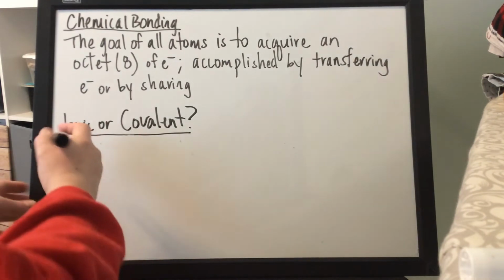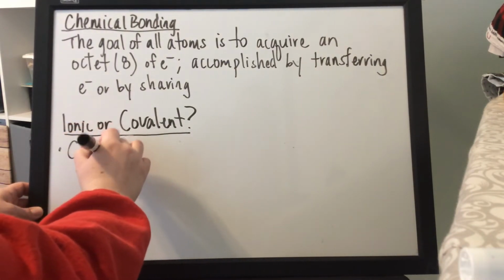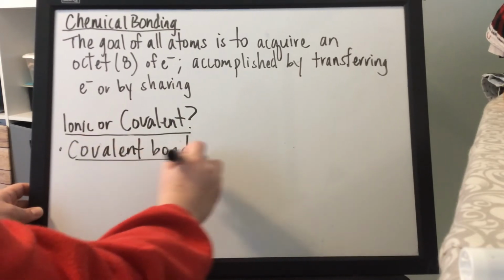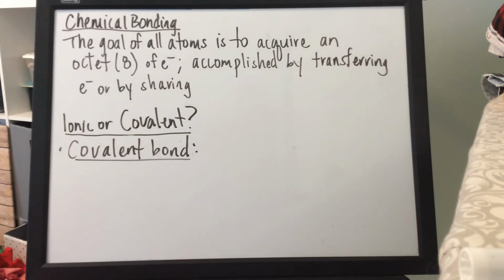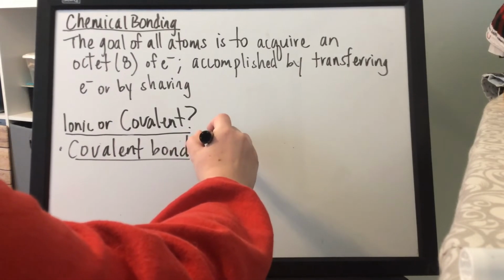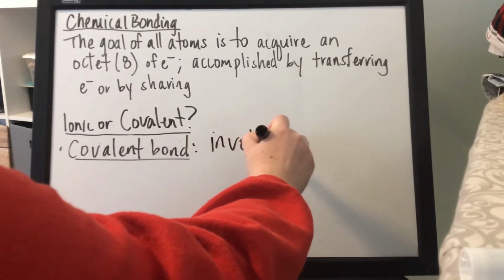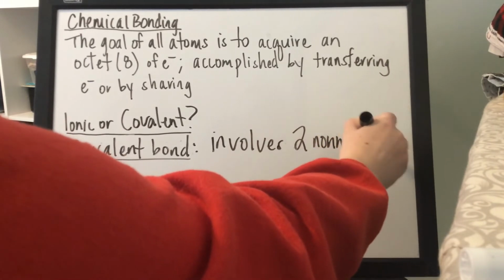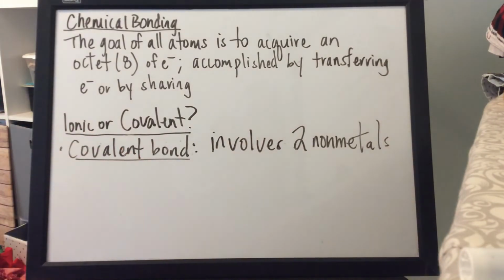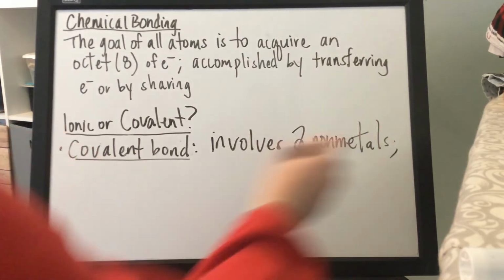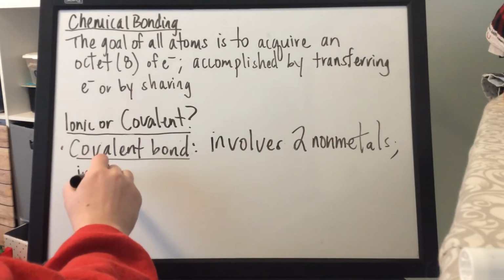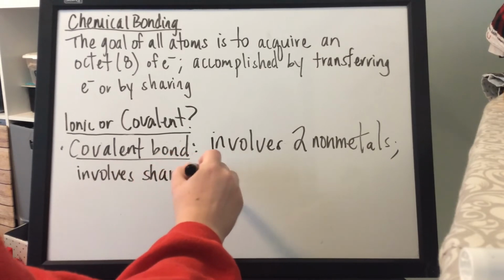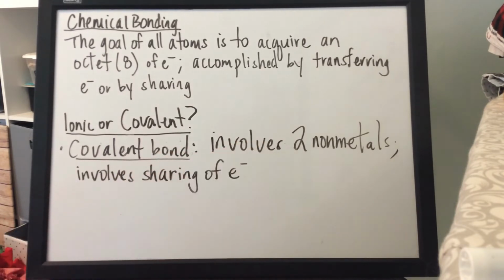Okay, that's very different from a covalent bond. And a covalent bond is formed between 2 non-metals and it involves the sharing of electrons.